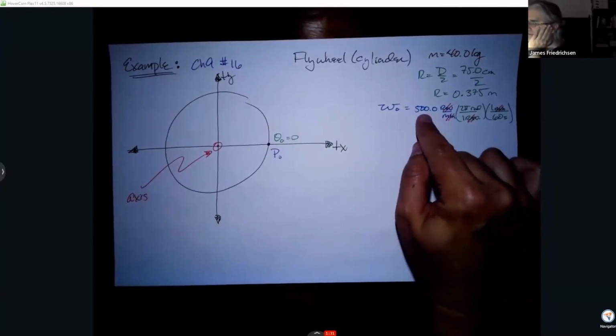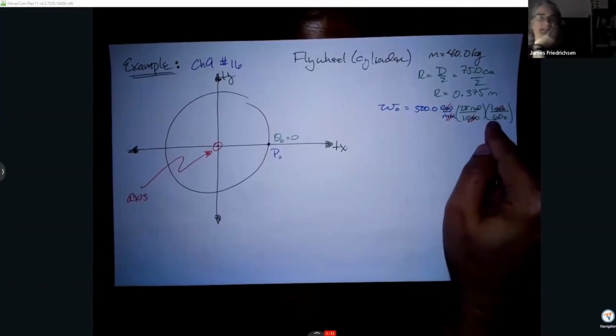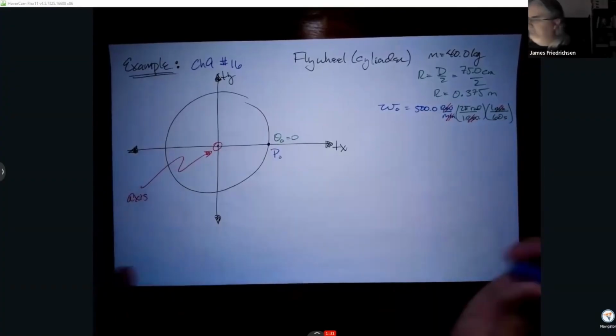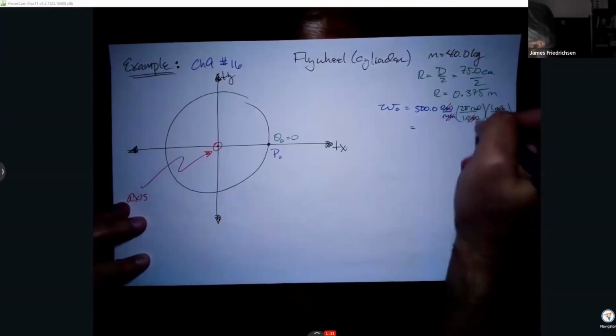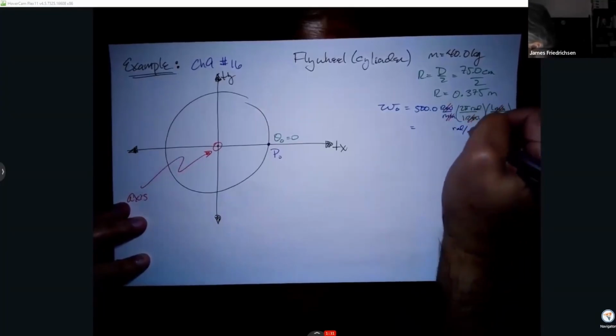So it's 500 times 2 pi divided by 60. And so what do we get? And this will be in radians per second.